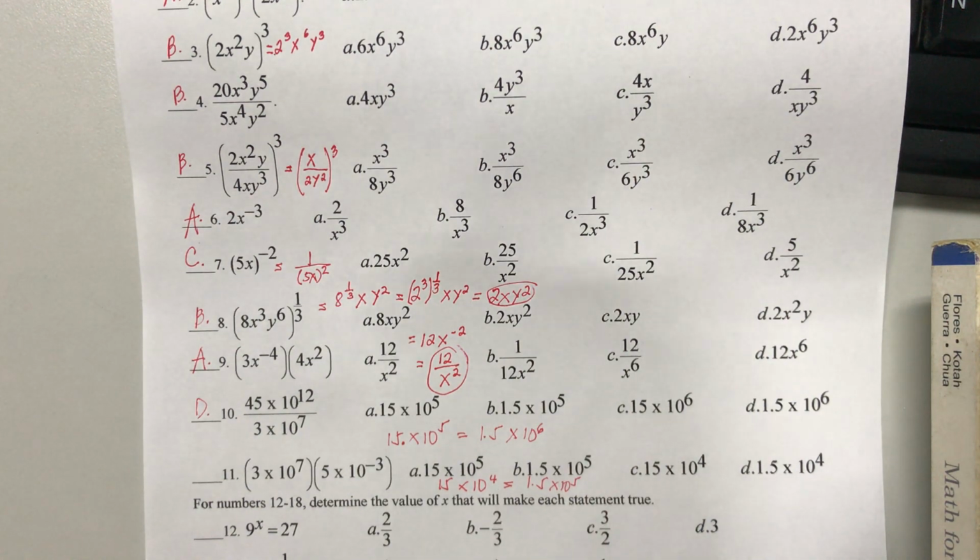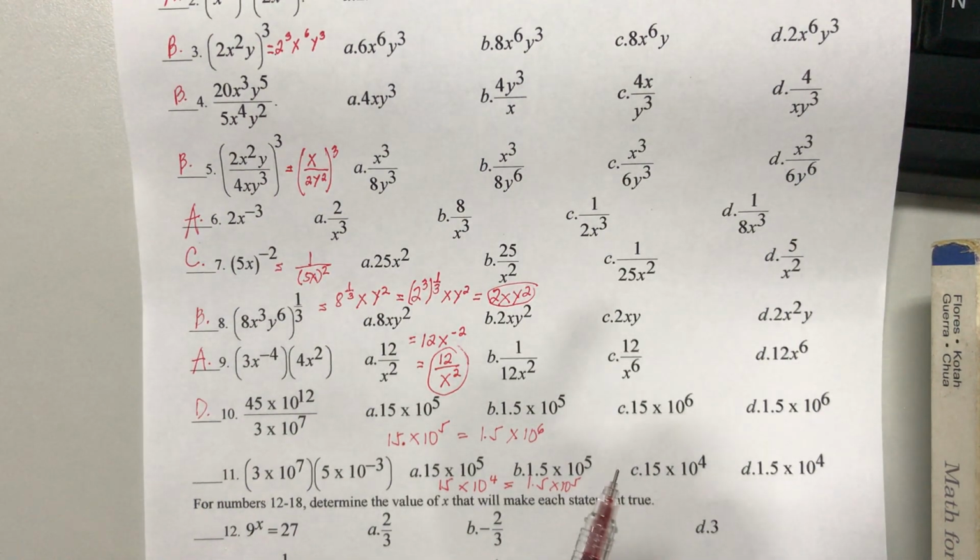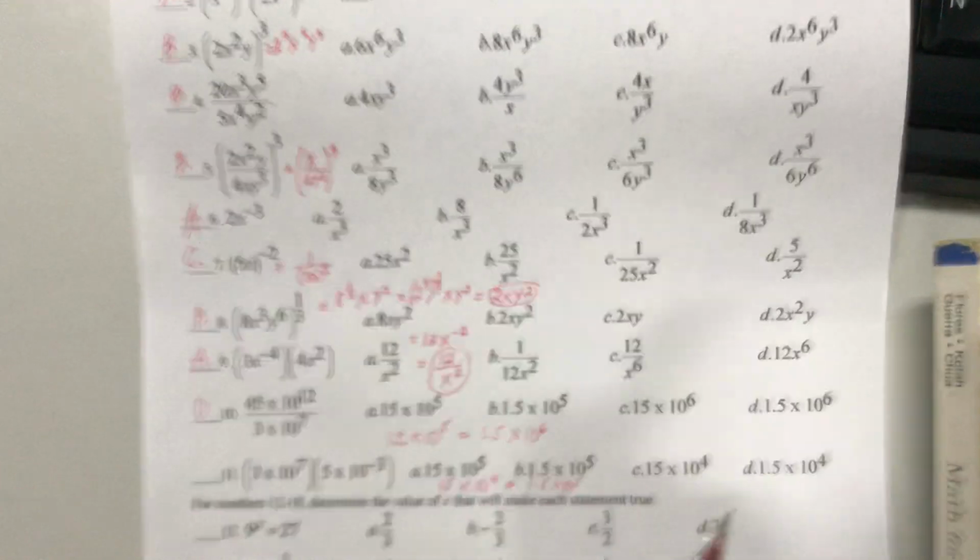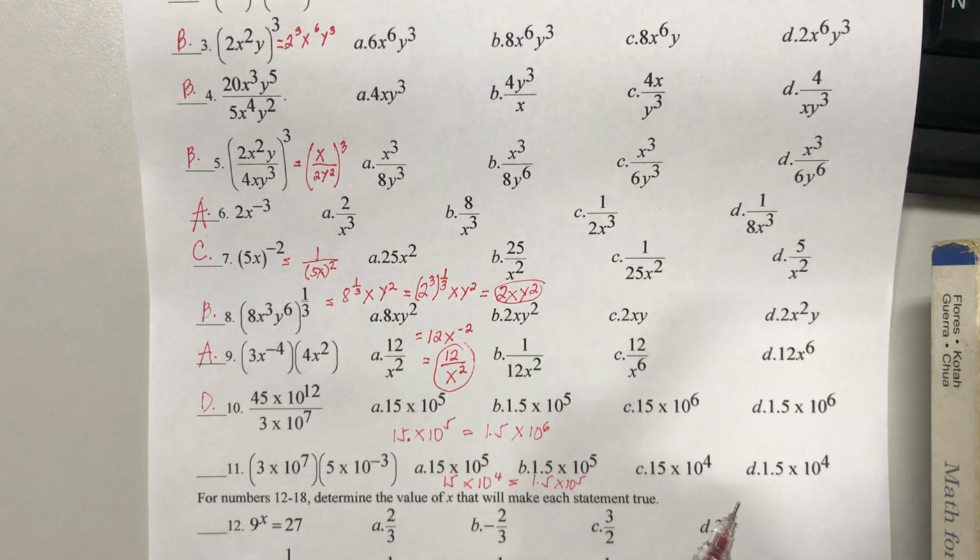So that's 1.5 times 10 to the power of 5, letter B.